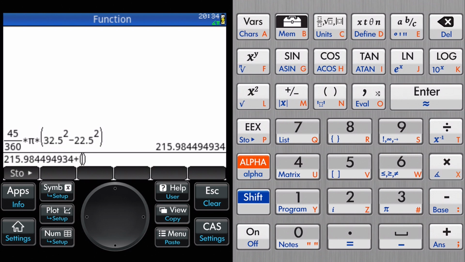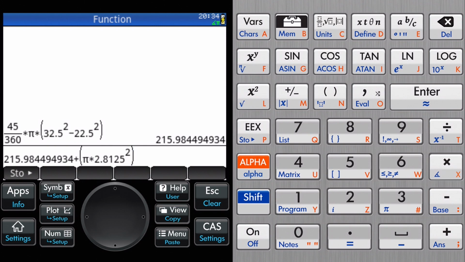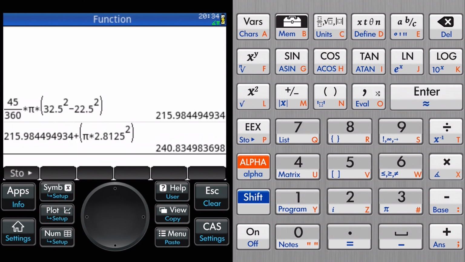We know that it's pi times, and we had 2.8125 squared, and if I enter that, that gives us a total of 240.83. So if I round that up to 3 significant figures, I should get an area of 241.